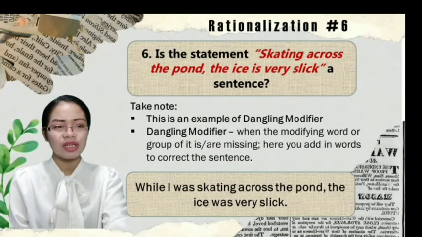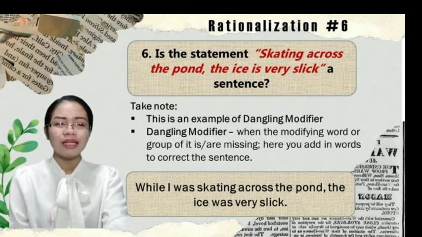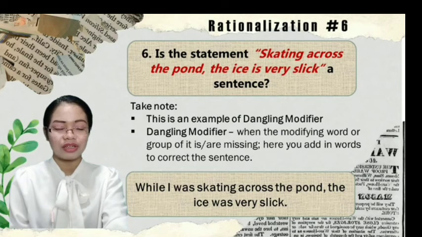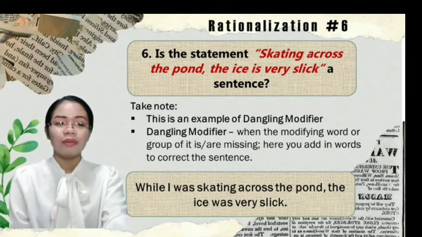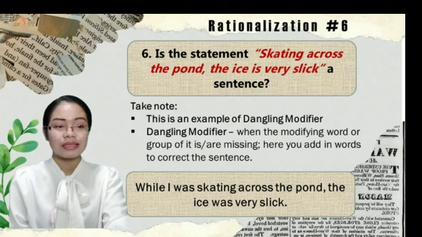So for our rationalization, skating across the pond, the ice is very slick is an example of a dangling modifier. When we say dangling modifier, it's when the modifying word or group of words is missing. Here you need to add words to correct the sentence.